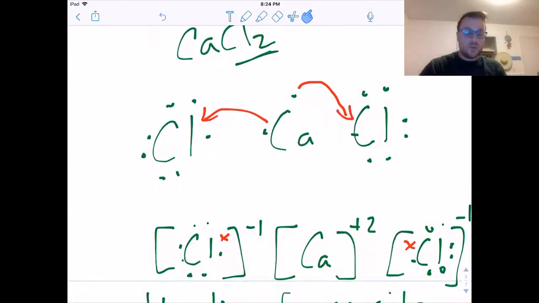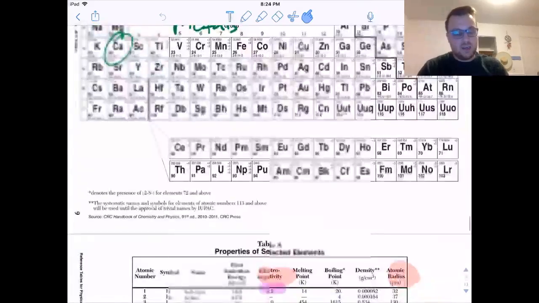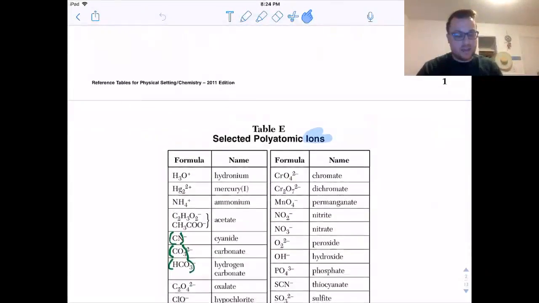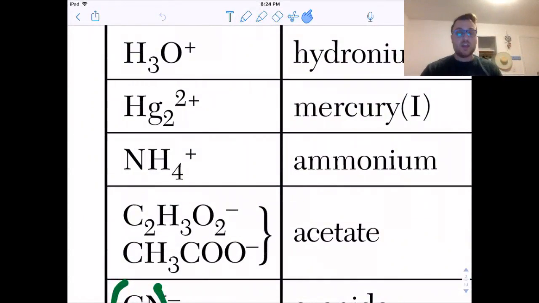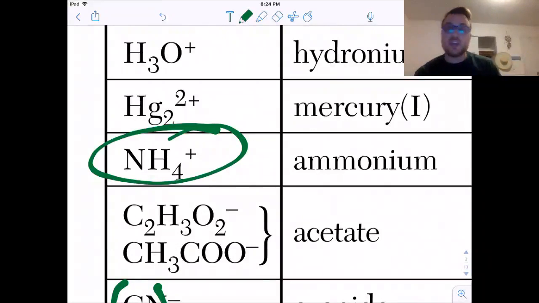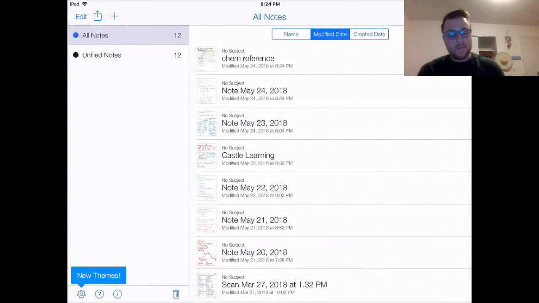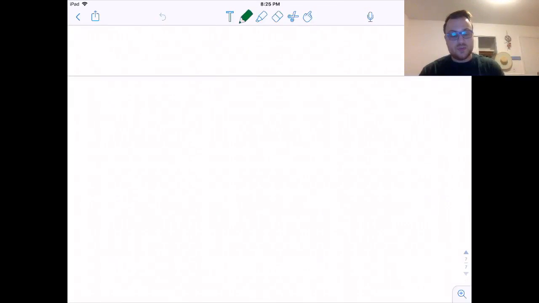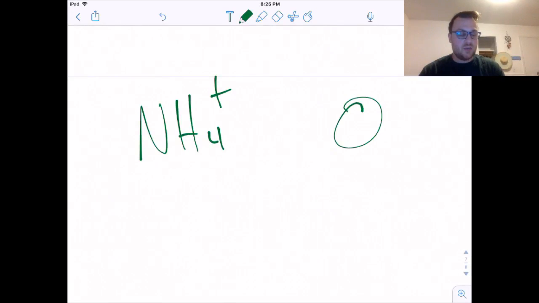Table E has a couple of positive ions that are not metals. So ammonium, don't forget about him. He can also form ionic bonds because it has a positive charge. So I'm not really going to be concerned with the dot structures, but do keep in mind if you have a positive ammonium, it can bond with a negative ion like oxygen and form an ionic bond, not a covalent bond.